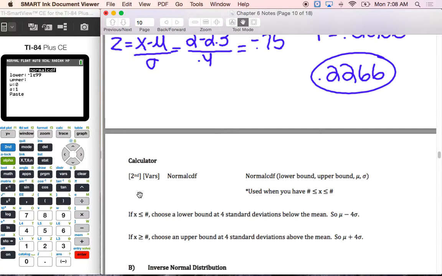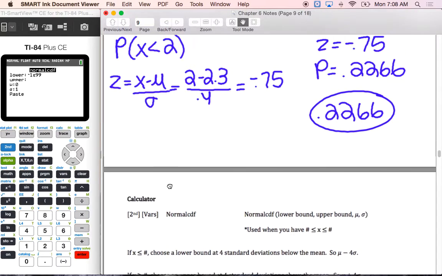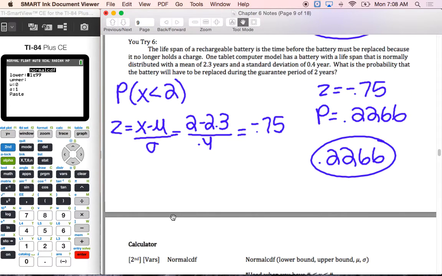So take the mean minus 4 times your sigma. So if I go back up here, we have to take then 2.3 is our mean minus 4 times our sigma of 0.4. So if we do that, that will give us what our lower bound should be.